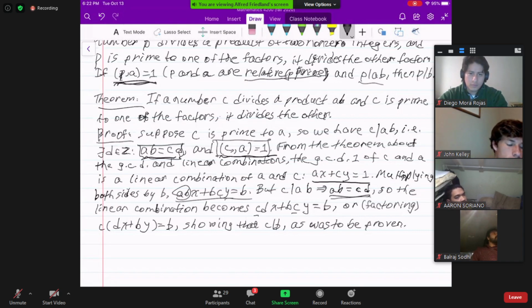And then what we do is multiply through by B, and that basically puts a B here and a B here. And then we have clearly C divides this term, and since we're given that C divides AB, C divides the left side. You can pull it out and show it separately if you like, or you can just say, since C divides the left side, C divides the right side, so C divides B. So we have that.